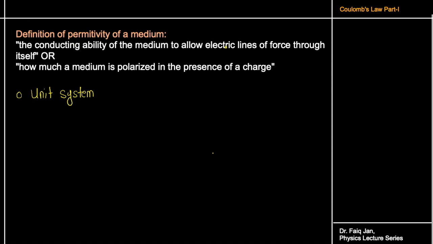For example, in SI units, the electrostatic constant can be written as 1 by 4 pi epsilon naught.